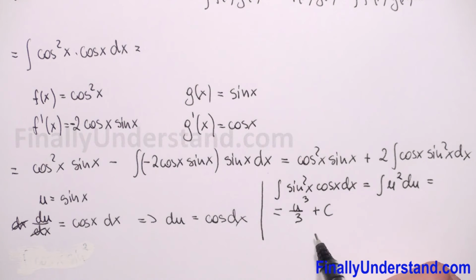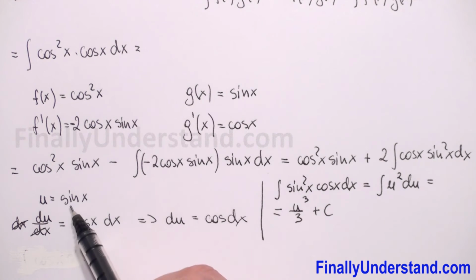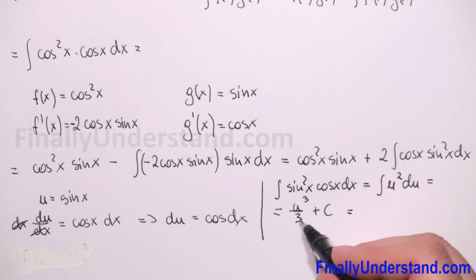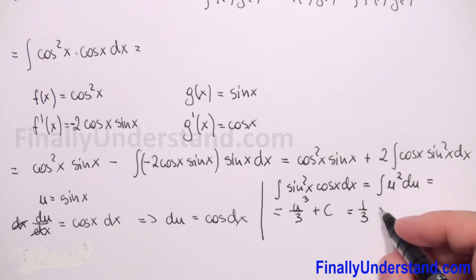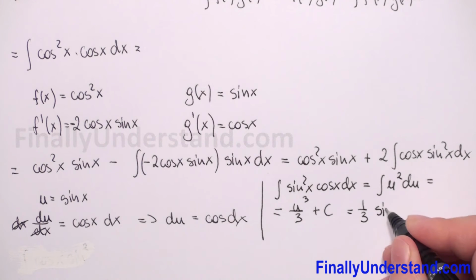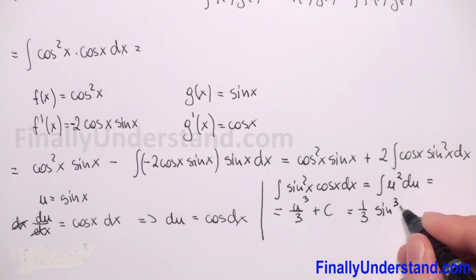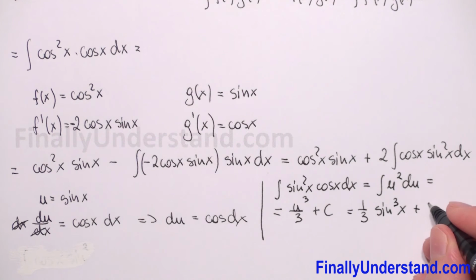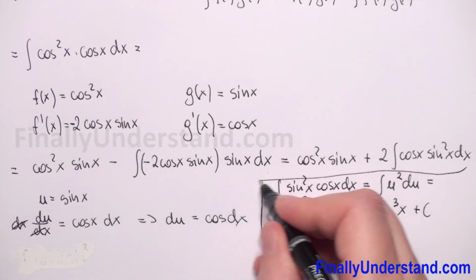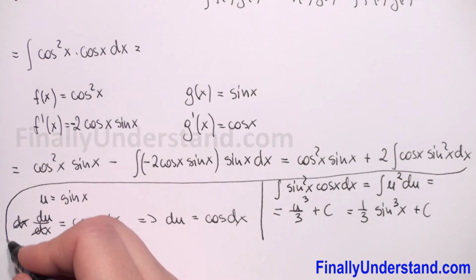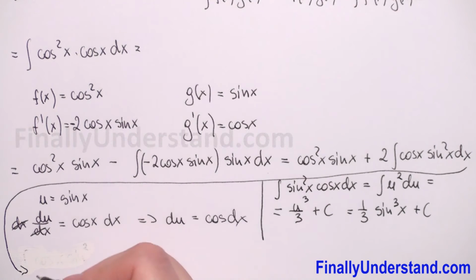So now we have to come back to our substitution. U is equal to sine of x, so this is equal to 1 over 3 times sine to the third power of x plus c. So we will put it now here.